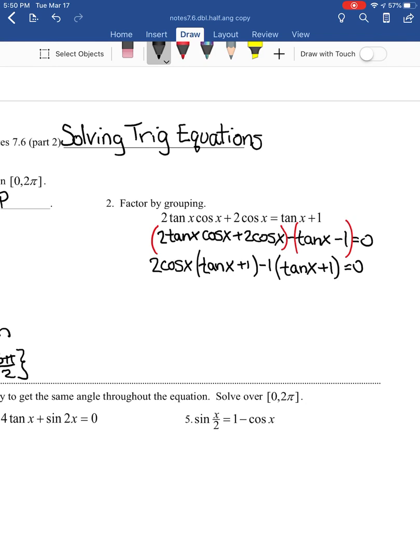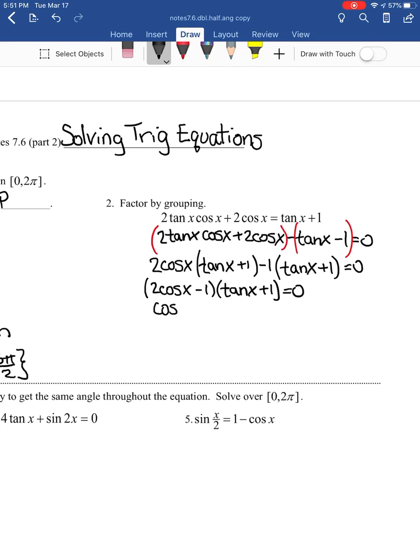Exactly how I would do factor by grouping in Algebra 1, except with a little bit of trig sprinkled in. So now this factors into 2 cosine x minus 1 times tangent x plus 1 equals 0. Again, ZPP: either the first thing equals 0 or the second thing.